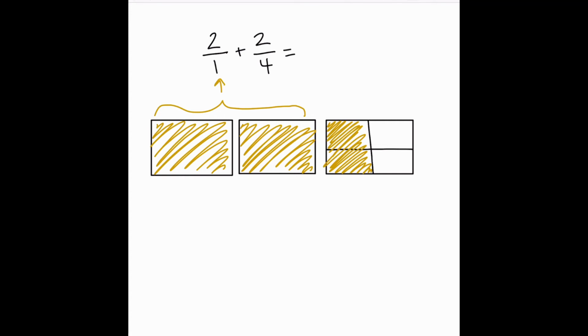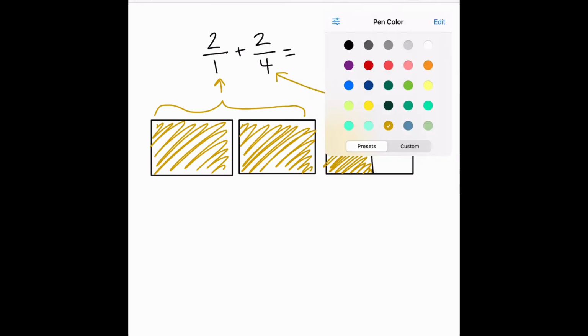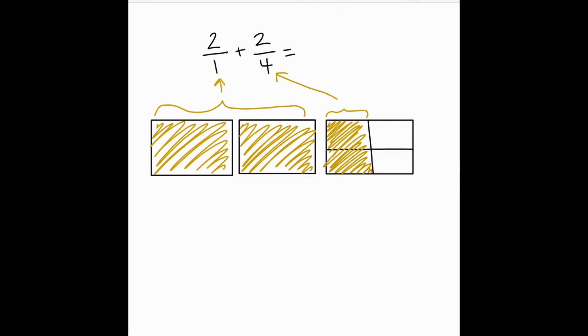And just drew lines to show where each aspect came from. And to show that that was also 1/2 and 2 wholes. So 2 wholes and 1/2 would be the answer for the problem.